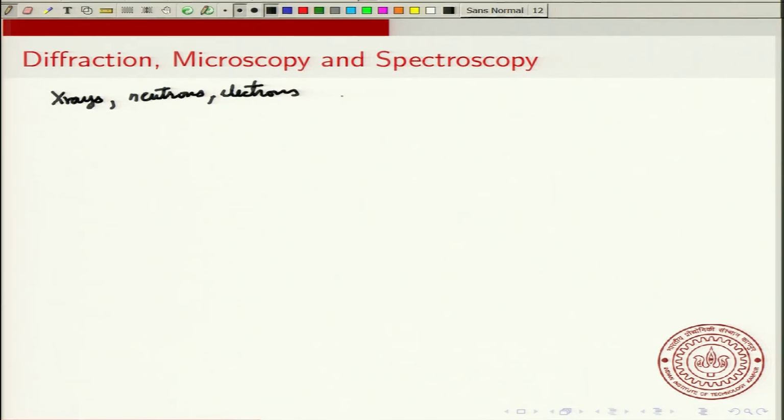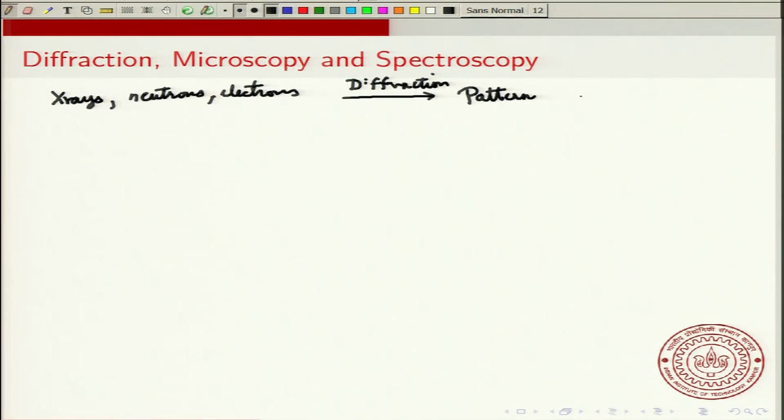And usually in diffraction, what we see is a diffraction pattern, and this pattern gives us information about the structure, about the location of the atoms.